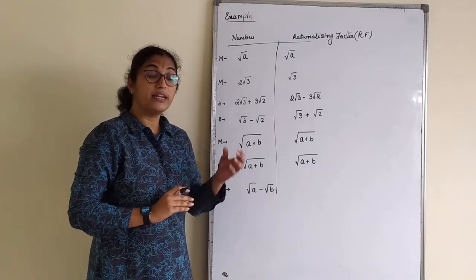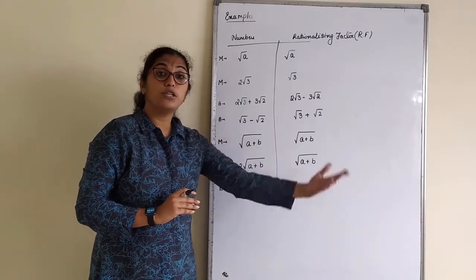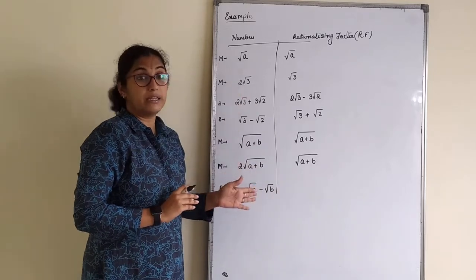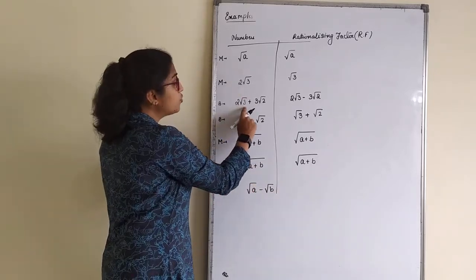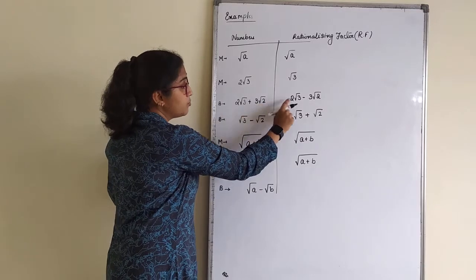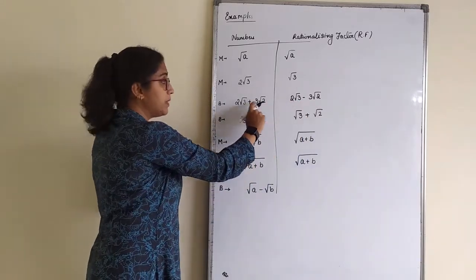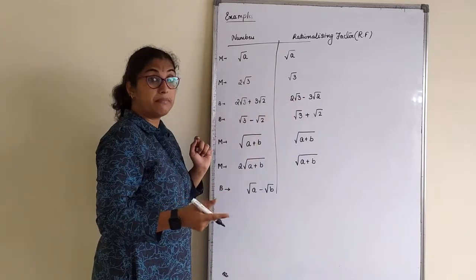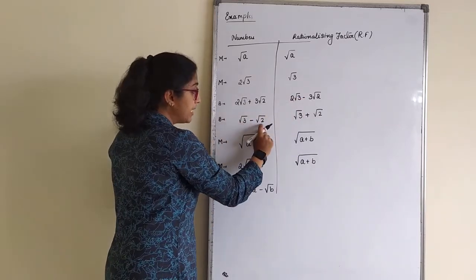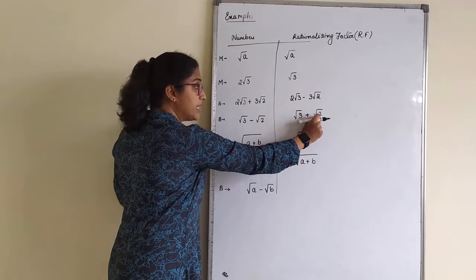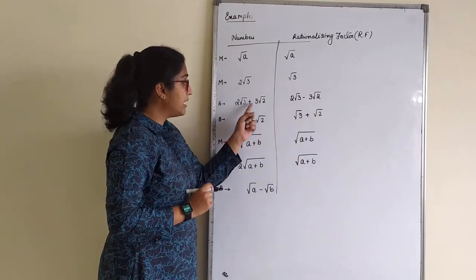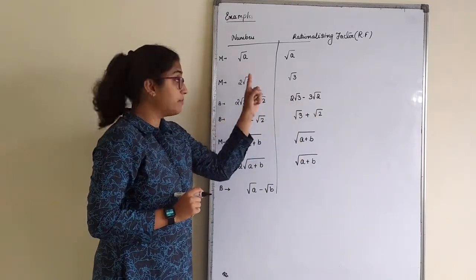What is conjugate? Conjugate is the opposite sign of the given binomial. 2 root 3 plus 3 root 2, its conjugate is 2 root 3 minus 3 root 2. Since it was plus, its conjugate will be minus. Root 3 minus root 2, root 3 plus root 2. Now in binomial I said coefficients will come. Remember that.